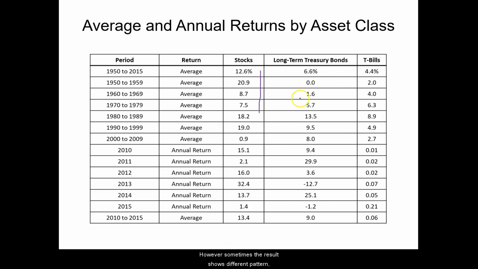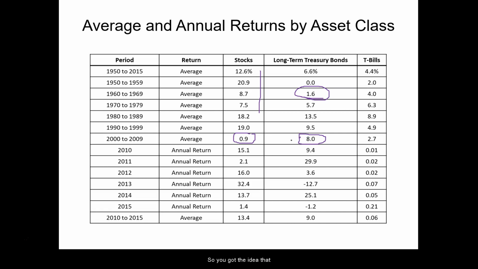However, sometimes the result shows a different pattern. For example, in the 1960s, long-term treasury bonds return is very low, and also between 2000 and 2009, stocks overall delivered a very low return, and bonds actually did pretty good.